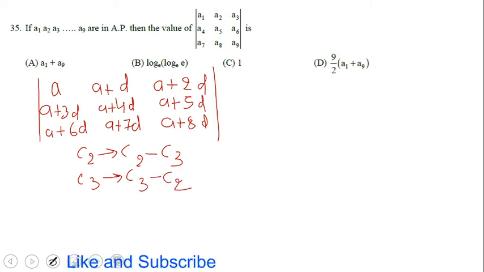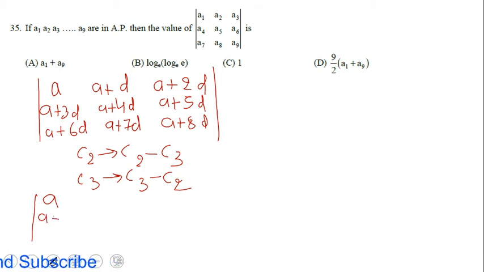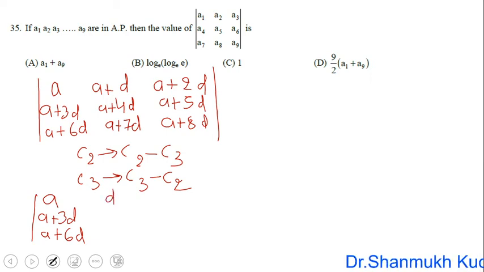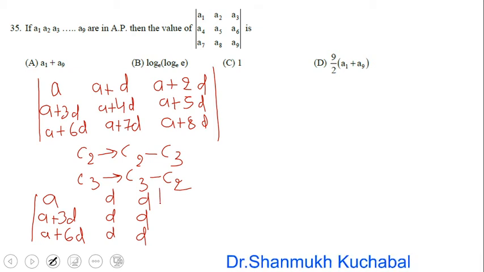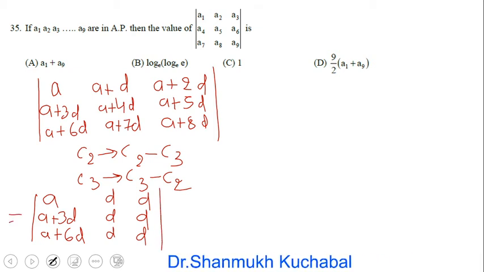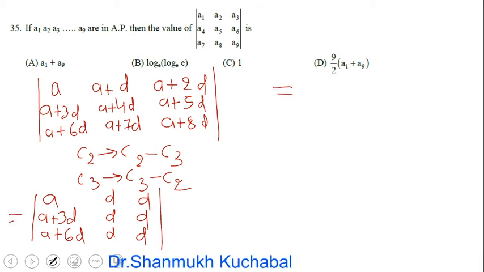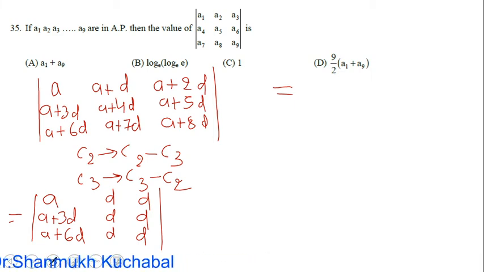The first column will be as it is, and the remaining two columns will become d, d, d, next d, d, d. We have studied that in a determinant, if any two columns are identical or any two rows are identical, then the value of the determinant is 0. So we take it as 0.